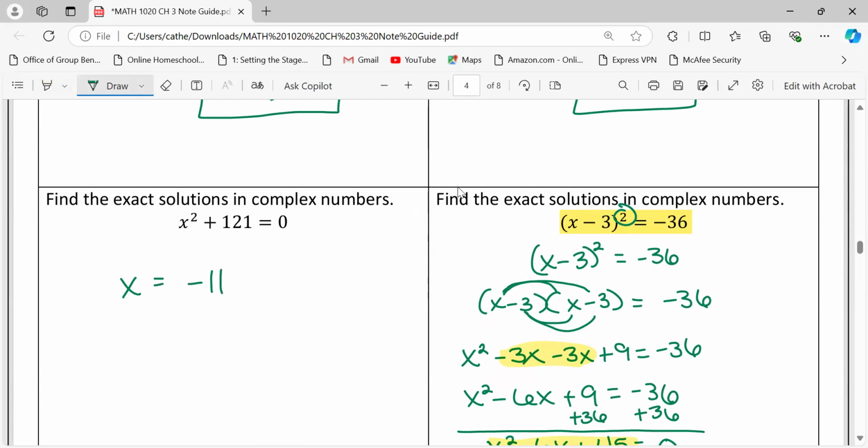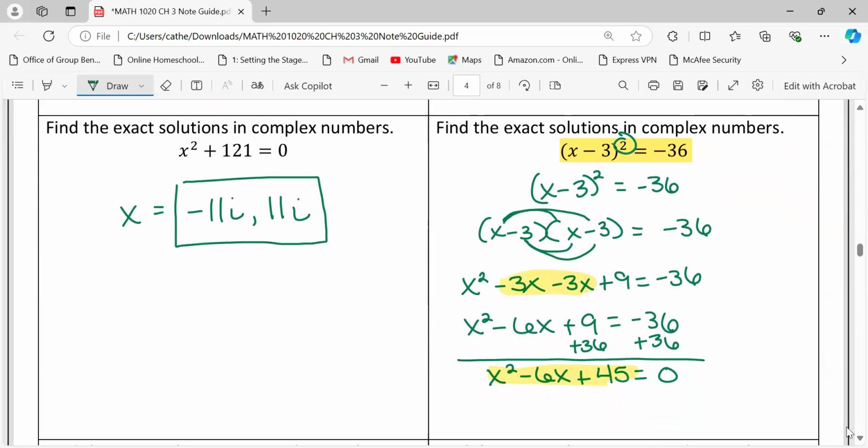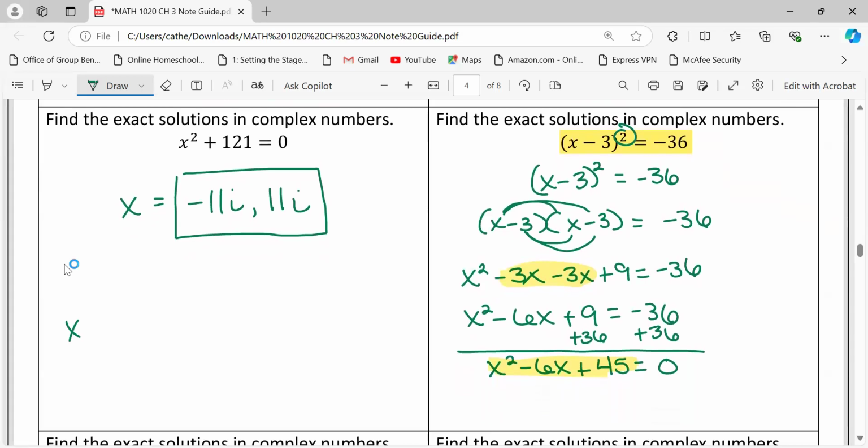So it's negative 11i, comma, positive 11i. Again, no parentheses. It's not an ordered pair. It's two different types of solutions. This calculator keeps us from having to use the quadratic formula. I don't know if you remember that. You don't have to write this down.